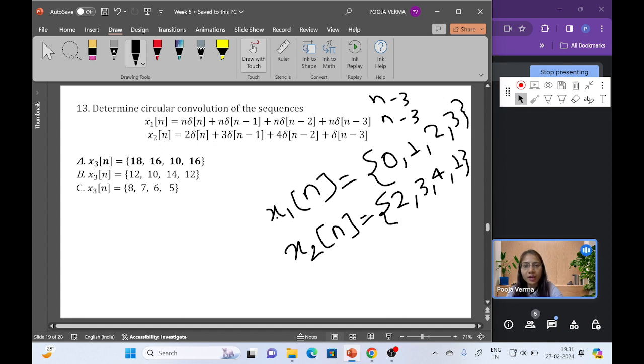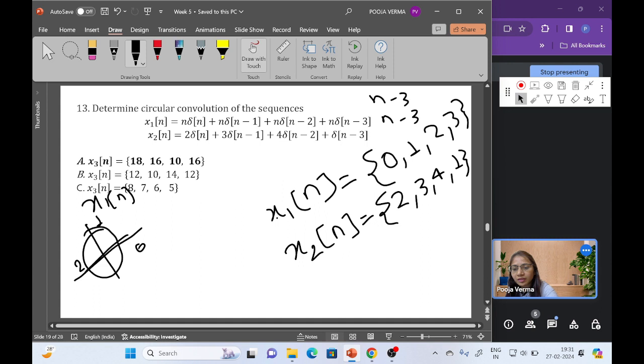Then we need to find the circular convolution. All of you already know how to find it. Here the values of x1[n] are 0, 1, 2 and 3.